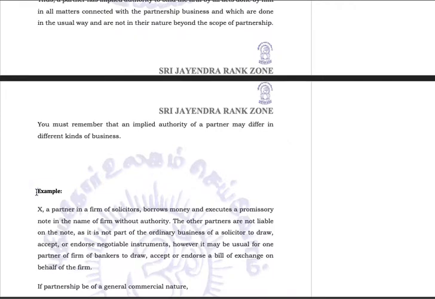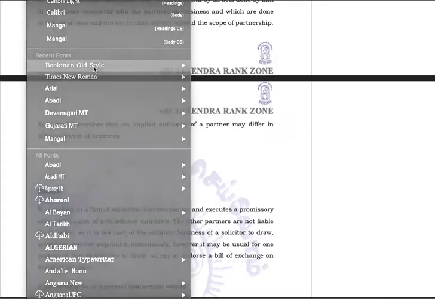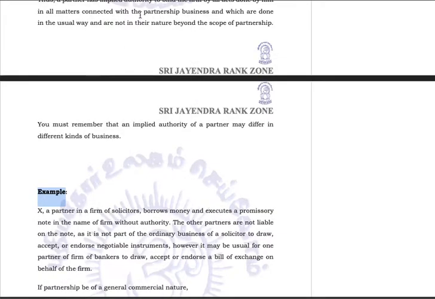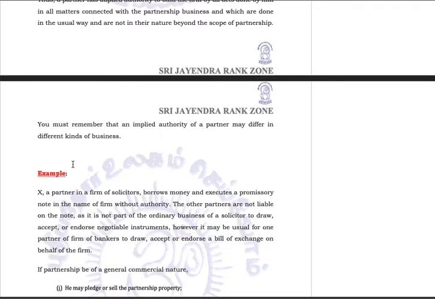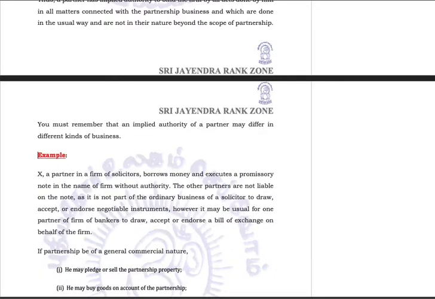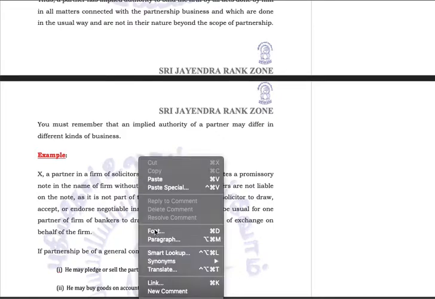Let's understand it with the help of an example. X, a partner in a firm of solicitors, borrows money and executes a promissory note in the name of the firm without authority. A firm of solicitors means a firm of lawyers.